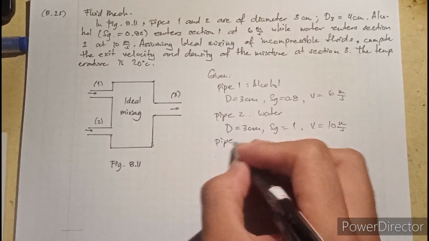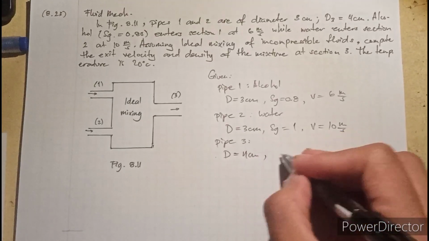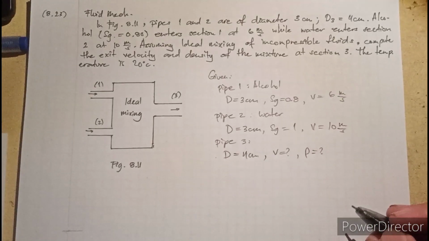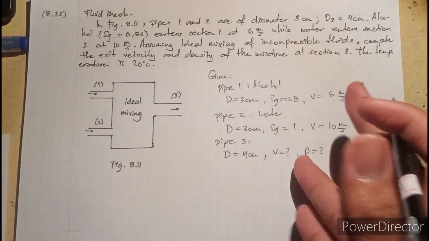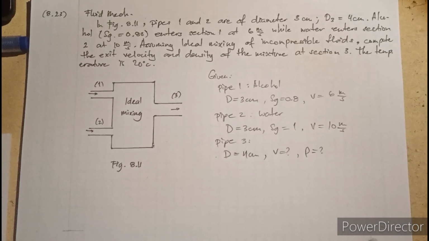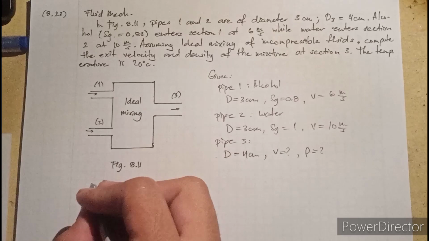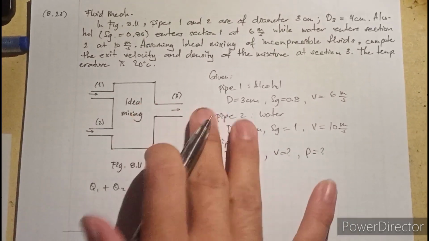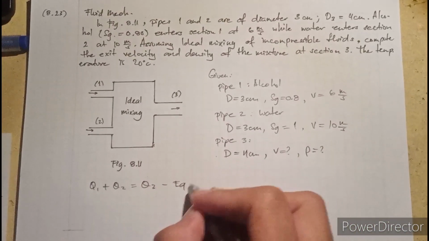In pipe 3, the diameter is 4 centimeters, but the velocity and the density are unknown, which are the values that we are looking for. Since discharge flows from Q1 and Q2 into a tank, Q1 plus Q2 then exits in pipe 3 as Q3, creating equation 1.